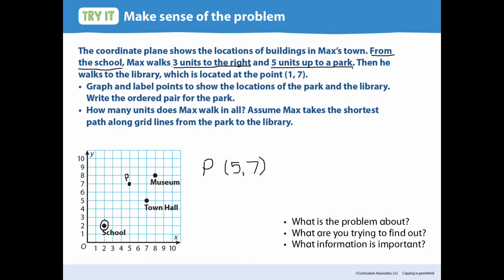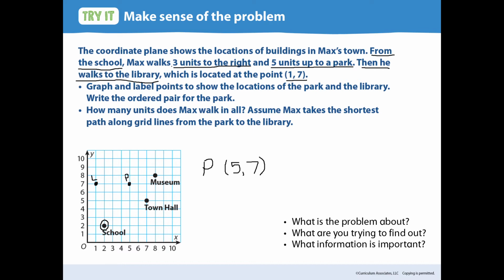After going to the park, then he walks to the library, which is at point 1, 7. The library isn't marked on here, so first, in order to solve the second part of this, we need to find the location of the library. So the library is over 1, up 7. And I'm going to mark this point L for library.